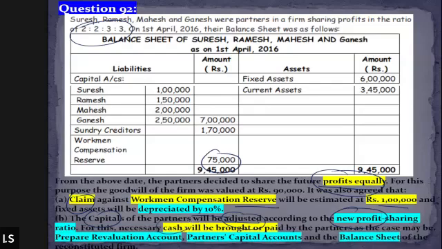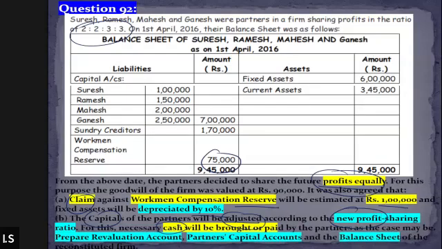See, now this is different. In the previous question, if after adjusting the partner's capital account in the new profit sharing ratio, an imbalance arises in the partner's capital account, such imbalance needs to be adjusted by opening the current account of the partners, right? But in this question number 92, we need to adjust the imbalances by bringing in necessary cash.